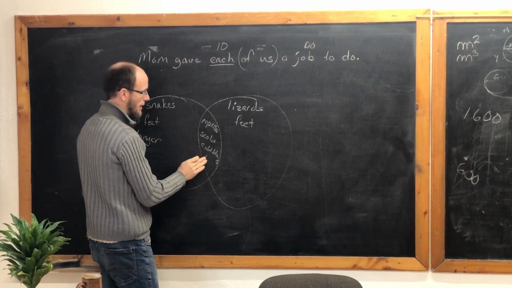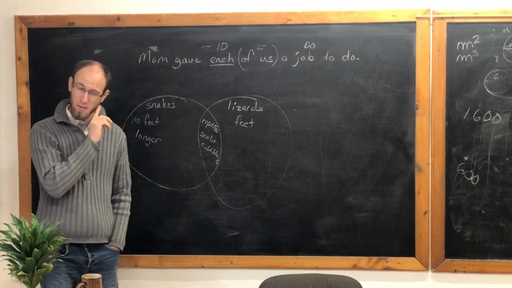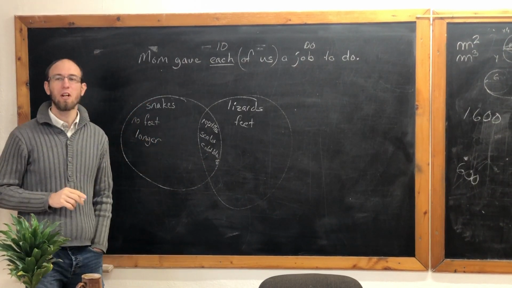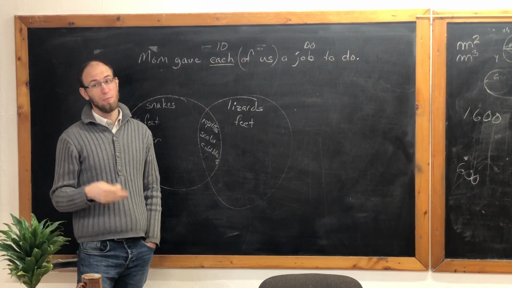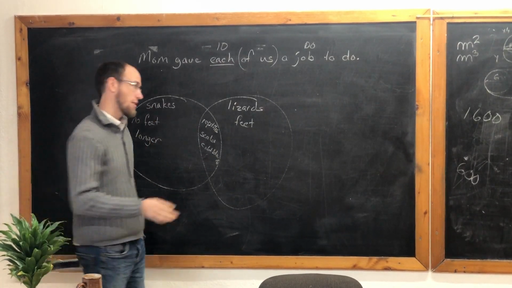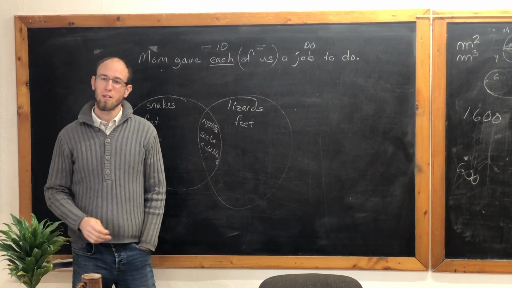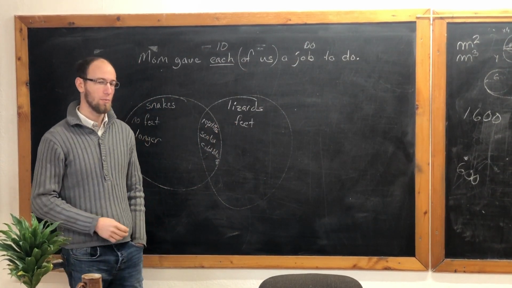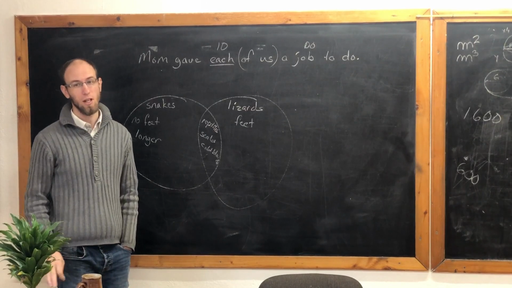They lay eggs. Oh, not all lay eggs. Some are born live. I would have to research this, and maybe you would have to research it. Some snakes are born live, I believe. Some lizards, I don't know if lizards have any, or if they all lay eggs. But we could put that if we knew. I don't know enough to put it.